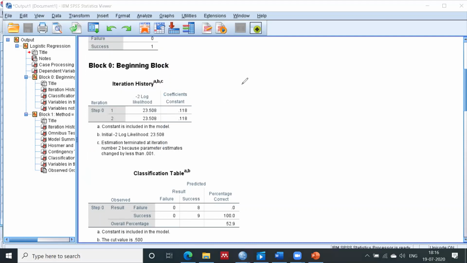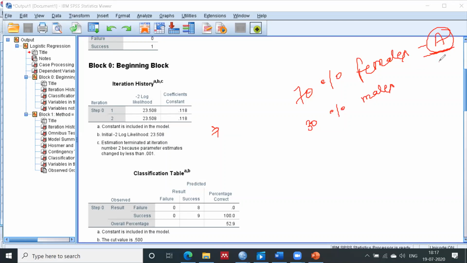Like if I say there are 70% females in city A, right? This is a statement: there are 70% females in city A. And of course 30% are males in the same city, right?